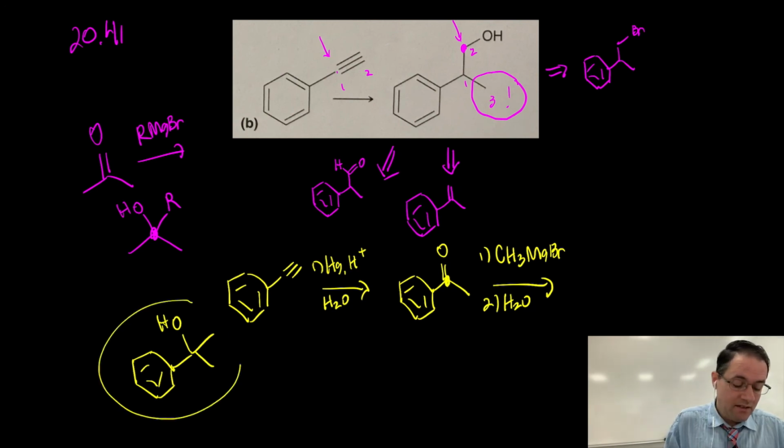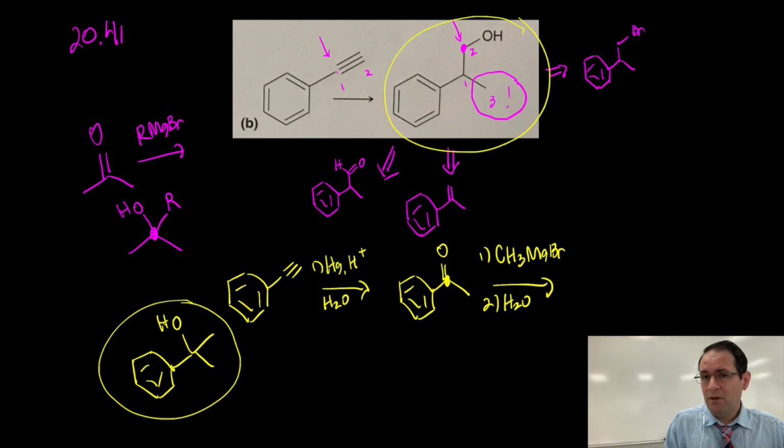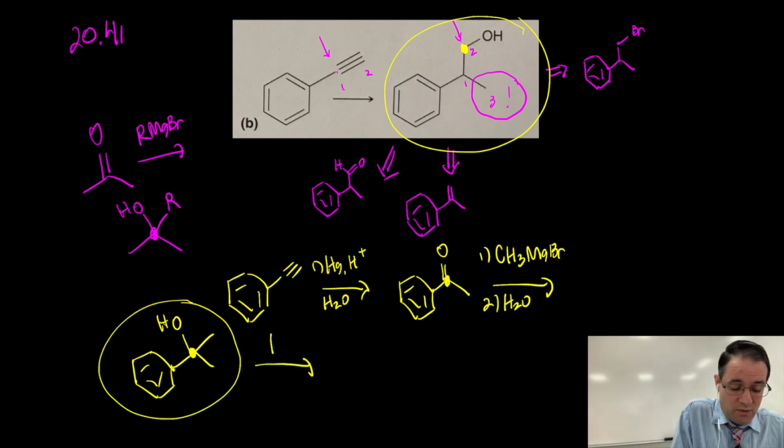Now I see a relationship between this alcohol and this alcohol. They have the same number of carbons, but they're different regioisomers, or different constitutional isomers. So I need to get this alcohol from that carbon onto this alcohol of that carbon. So what I could do is treat this with acid and heat, right, to make the alkene.